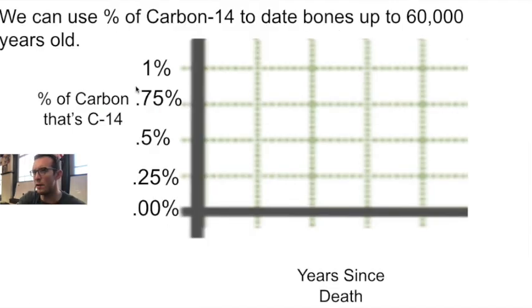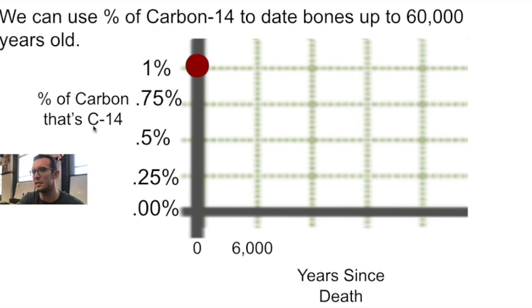And so what's cool about this process is that scientists have figured this out and can now use the percentage of carbon-14 inside of a bone in order to approximate how old it is, how many years post-death. Again, that's because while a living animal like us is still alive, at 0 years since its death, we know that it starts with 1% of its carbon being carbon-14.